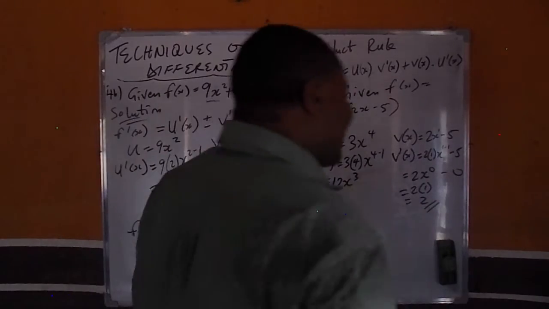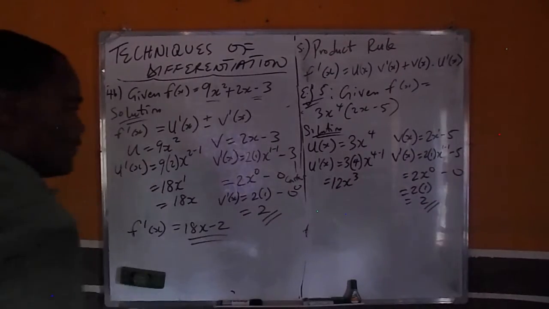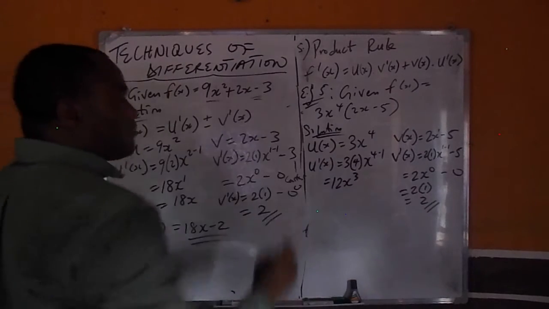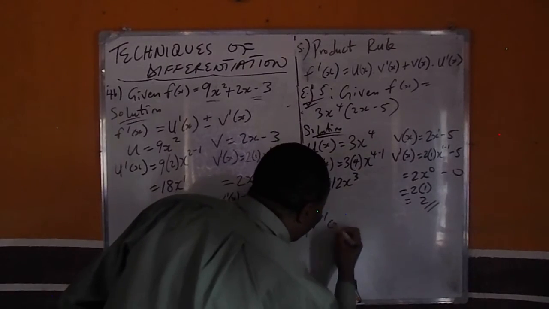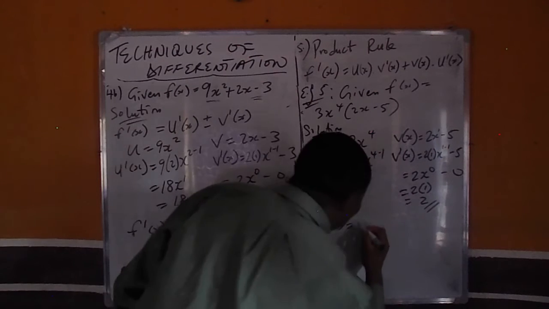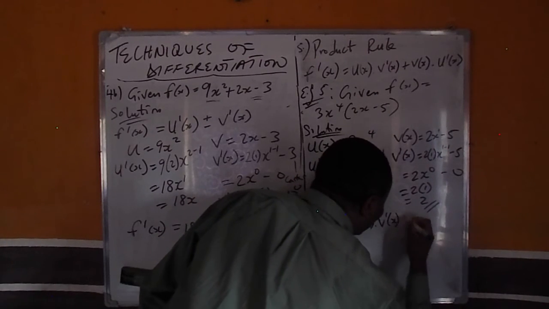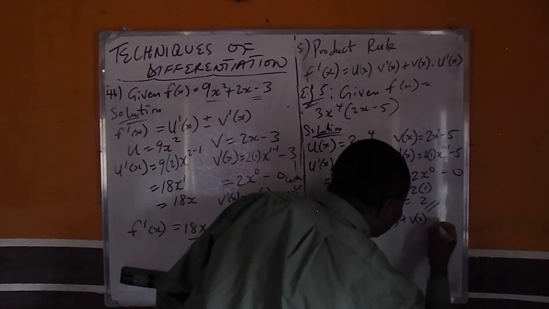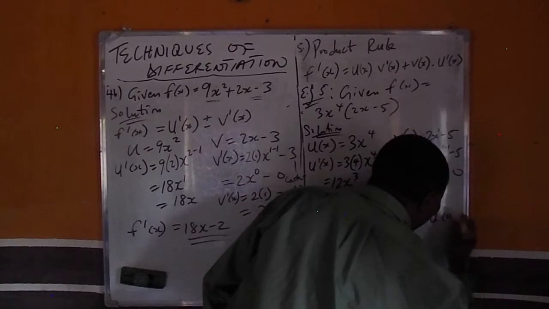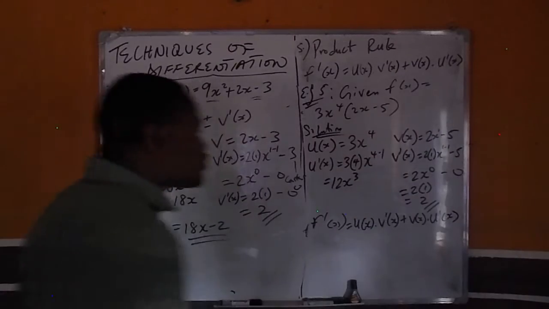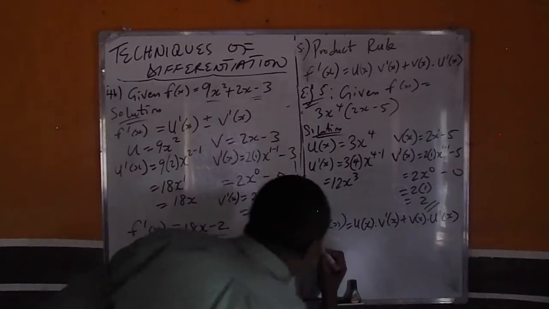Now, we can apply the formula. Using the formula, f prime of s equals u of s dot v prime s plus v of s dot u prime s.